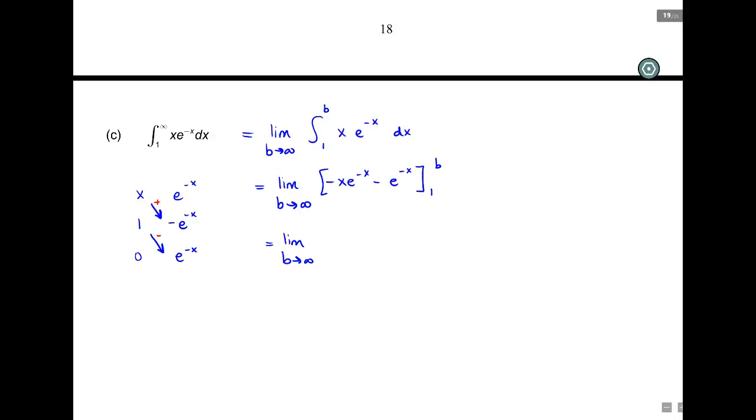So I have negative b e to the negative b minus e to the negative b minus, then I have negative 1 e to the negative 1 minus e to the negative 1.